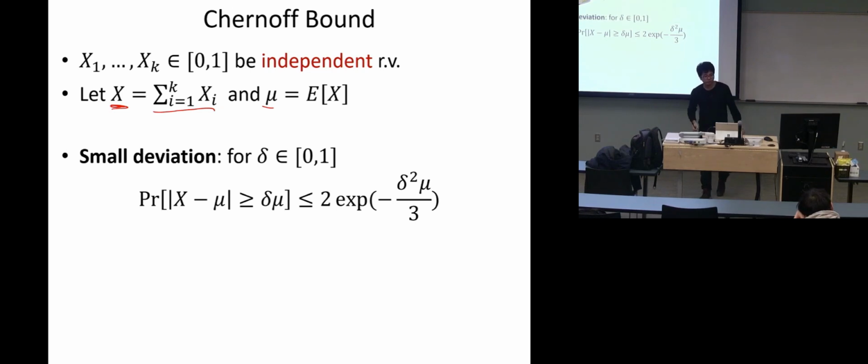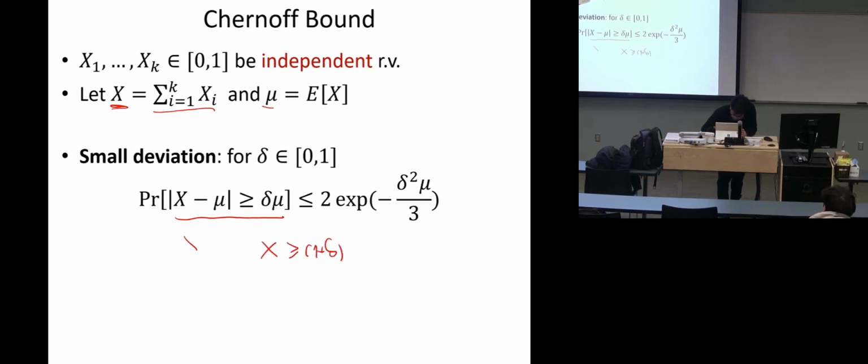So this is just a way to say that x is at least this thing times mu, or x is at most this thing times mu.